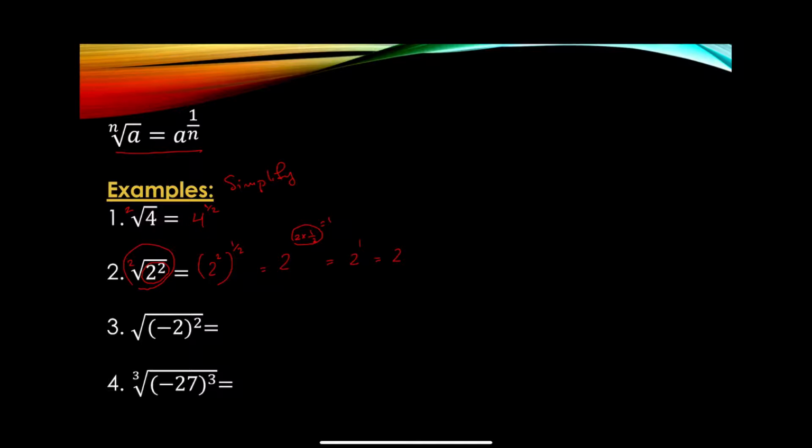The following example number 3, the square root of -2 squared. Now you might ask the following question. This is directly undefined. But this is not true. Be careful. If the question was like this, in this case, this is true. This is undefined.